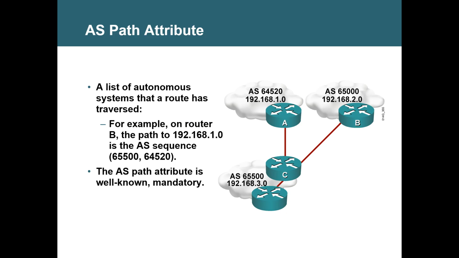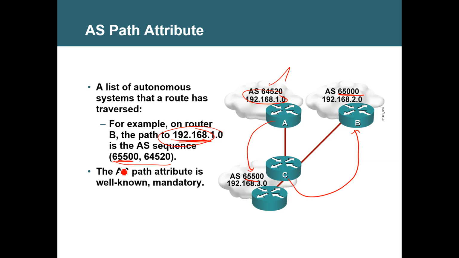In this example, what we see here is we learned the network 192.168.1.0 from this autonomous system into this autonomous system. That autonomous system gives to this autonomous system. When this autonomous system 65000 receives the network, it receives it with the AS path info.